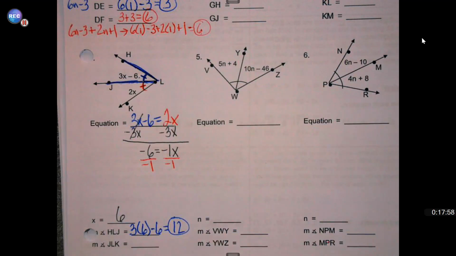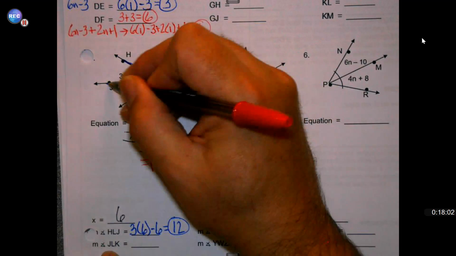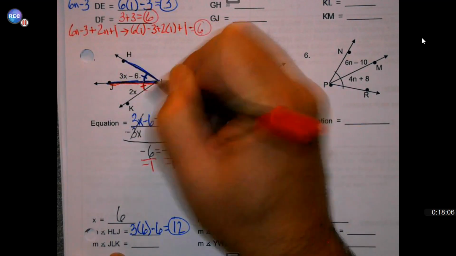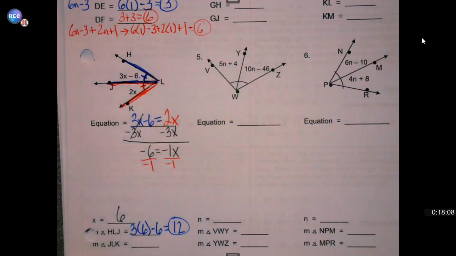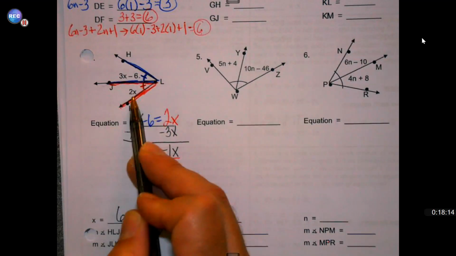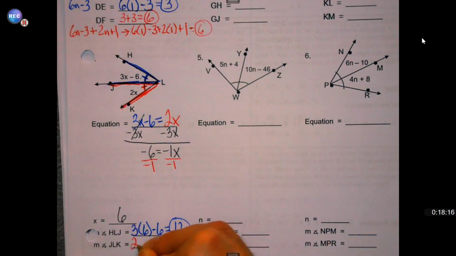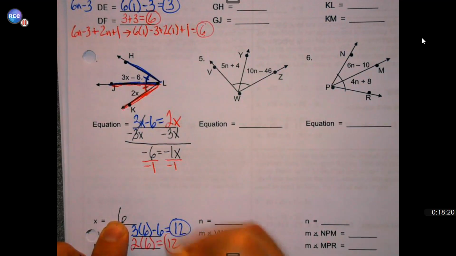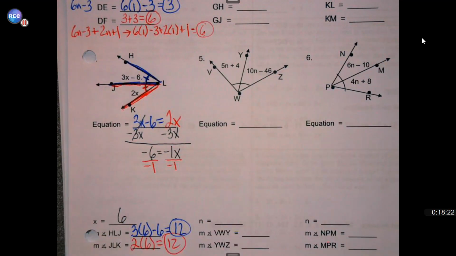And then I'm going to read the other angle because we never know. So we've got J, L, K. So it's just this little one. It's not the whole thing. So it's just 2 times x. So it's 2 times 6. But Hardy, wouldn't I have known that one too, since they all have to be the same?